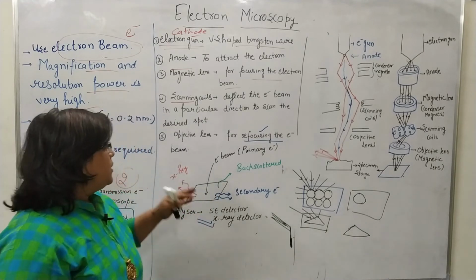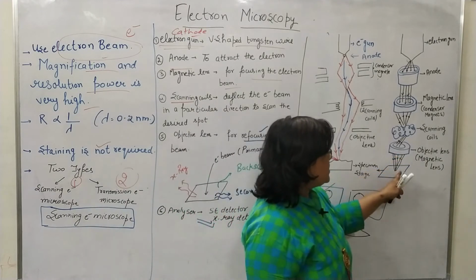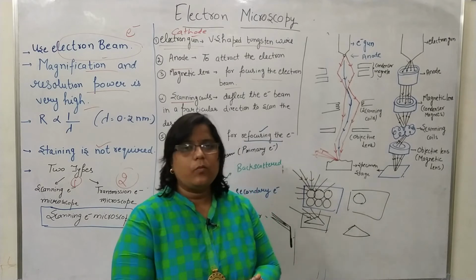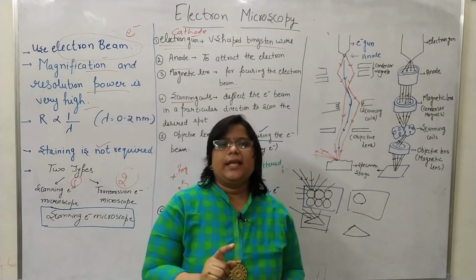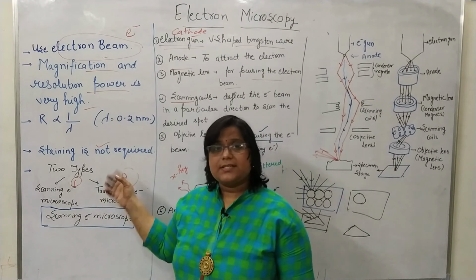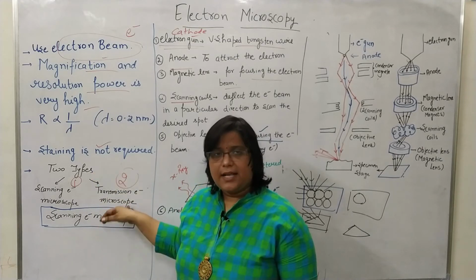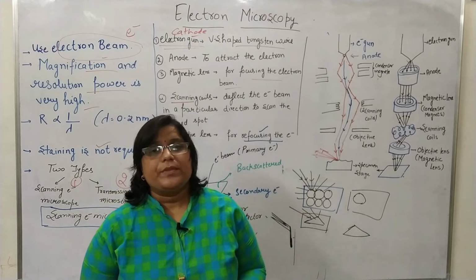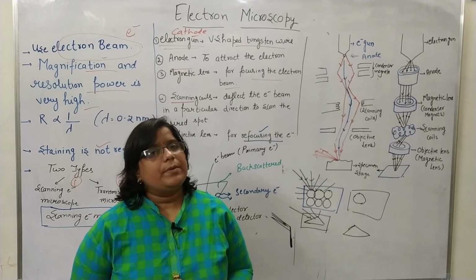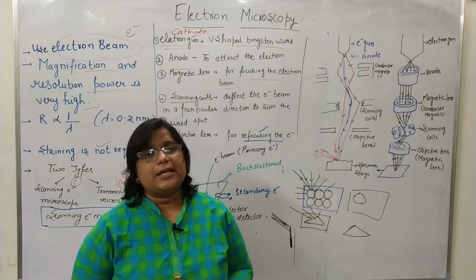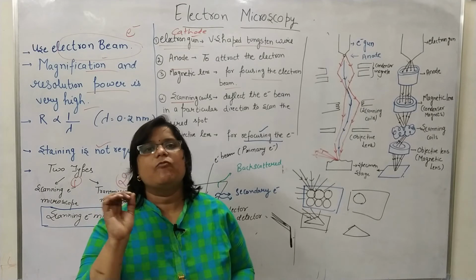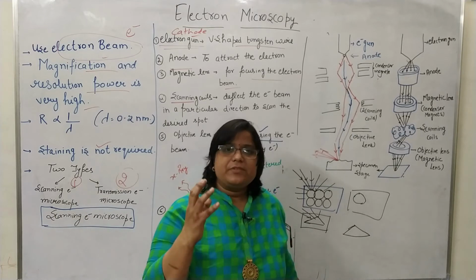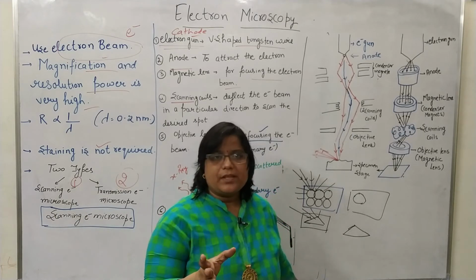Now, before the refocused beam enters the specimen, one thing I should have discussed earlier, at the start of the video: in the electron microscope we have to maintain a vacuum. Why? Because air particles can interact with the electron beam.